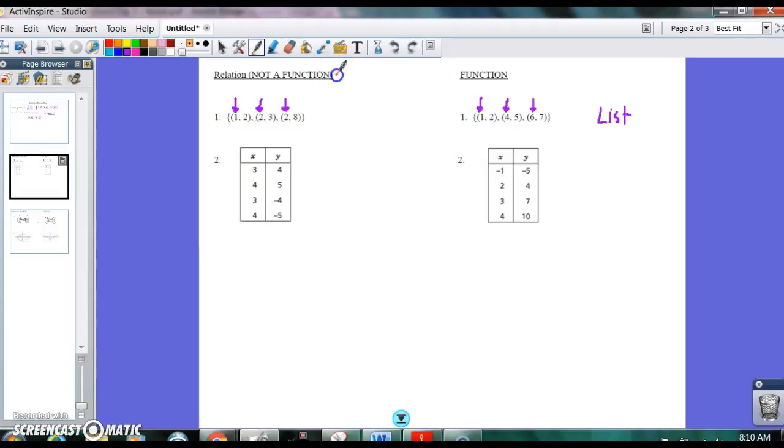So if you want to write yourself a little note here, repeating x values means it's not a function. No repeating x values means it is a function.